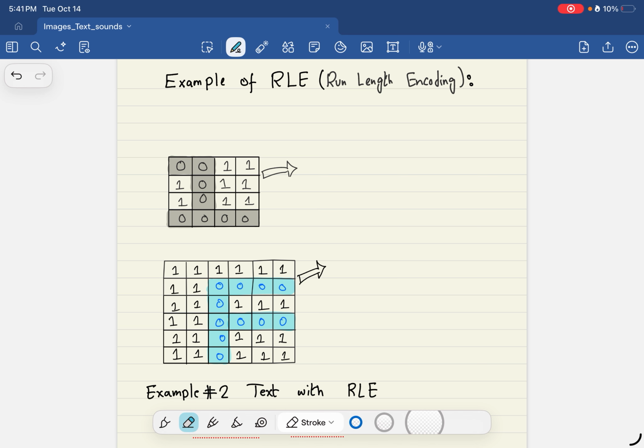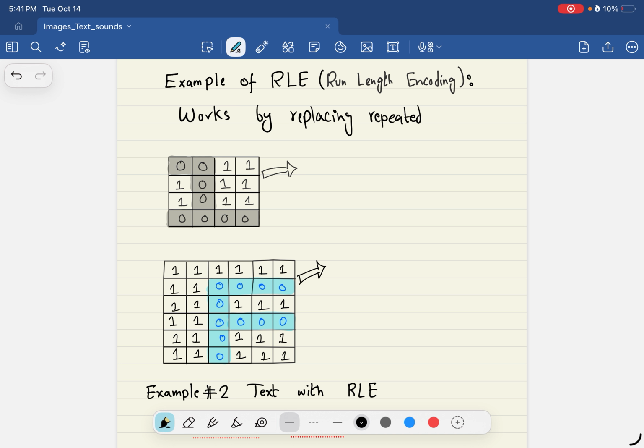Okay, so it works by replacing repeated blocks of data.